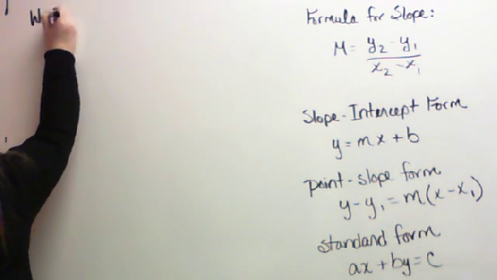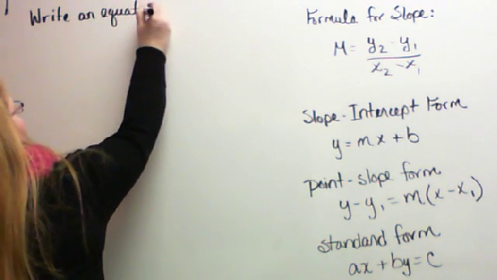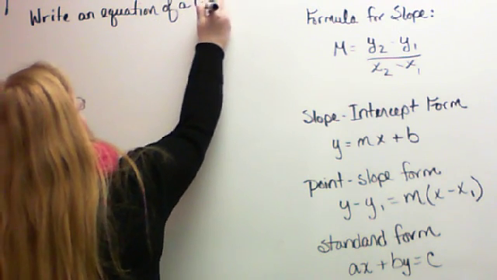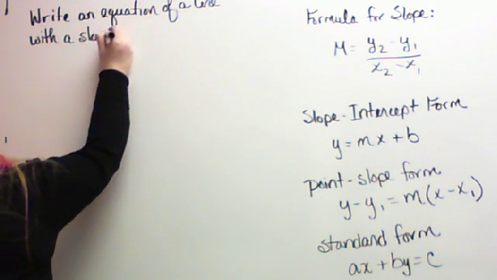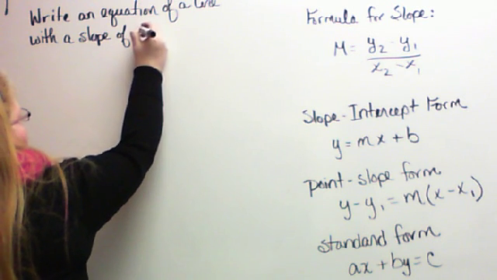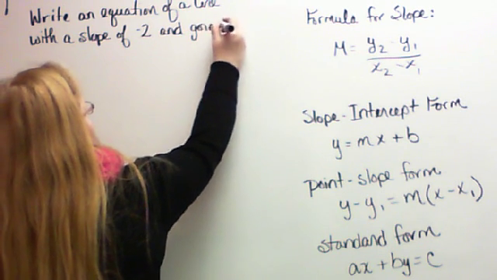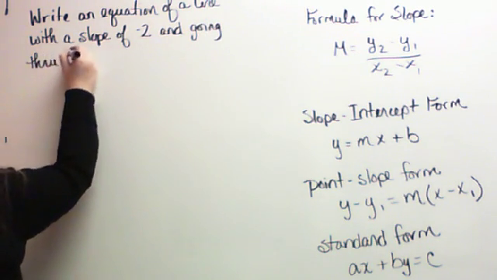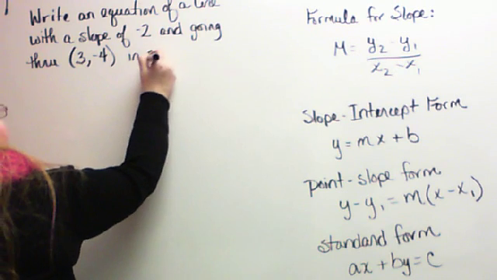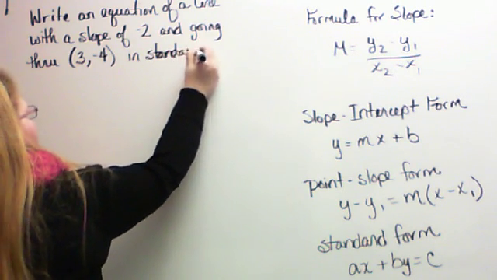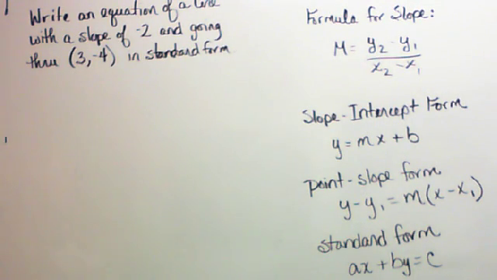So let's have you write an equation of a line with a slope of -2 and going through the point -4 in standard form, or ax plus by equals c. That's considered standard form.